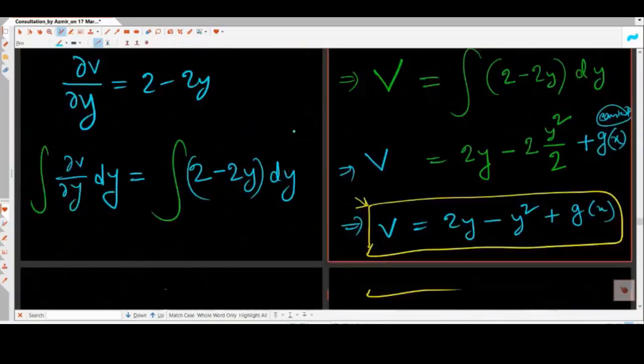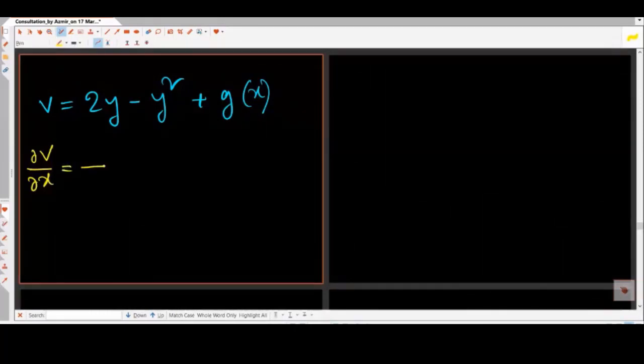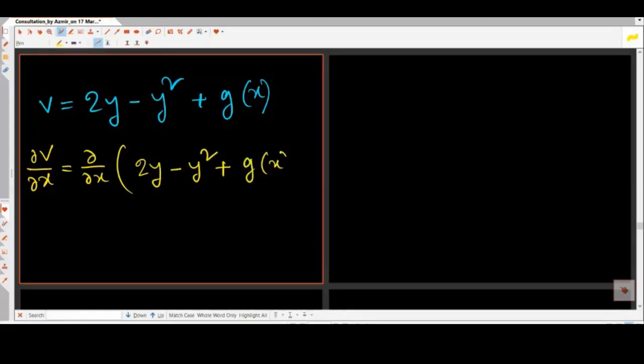So let's differentiate v in terms of x. We are using again the concept of partial differentiation. So v is here 2y minus y squared plus g of x. We are differentiating in terms of x, so y will be constant.